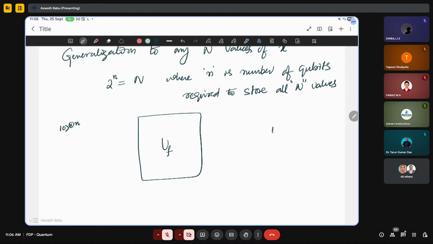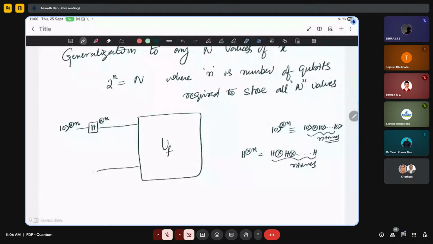Remember, input states n tensor means |0> tensor |0> and so on up to n times. Similarly that is acted on with the Hadamard n times, so Hadamard, Hadamard and so on, n times. That feeds as the control part of the unitary function, and the target is just a 0.